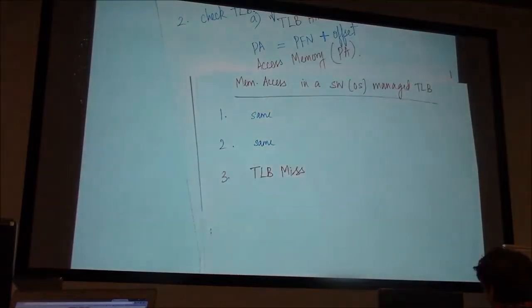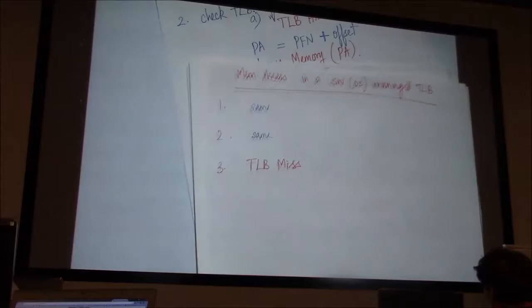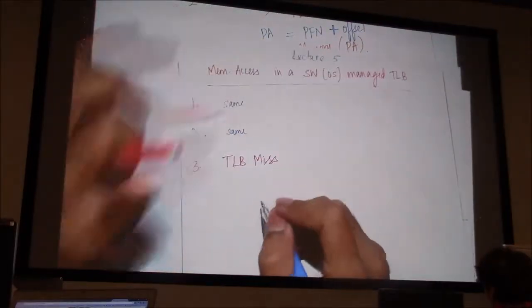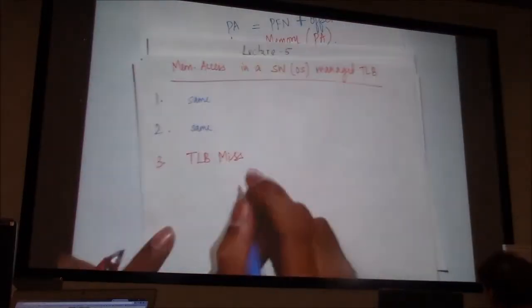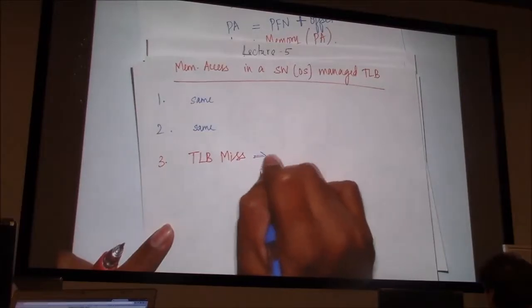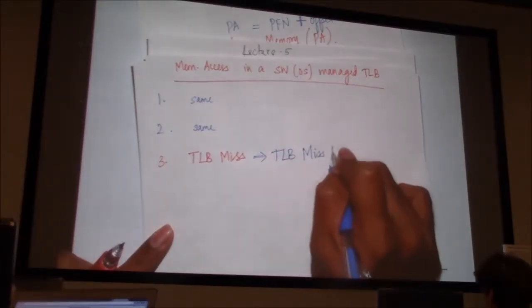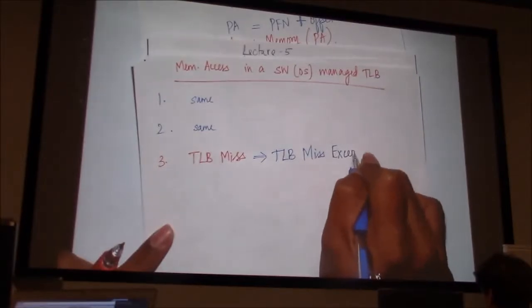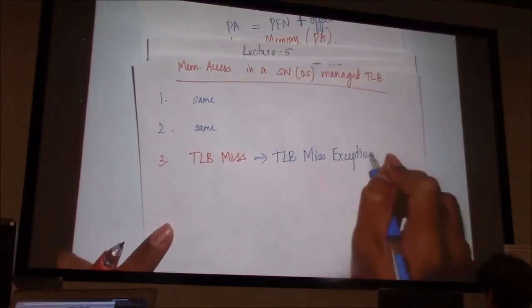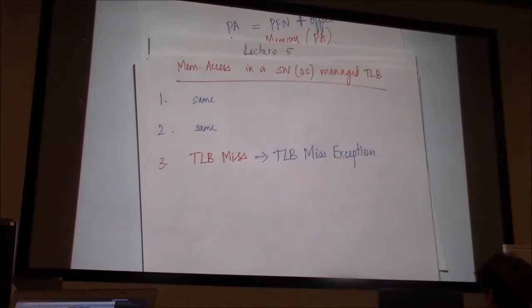If it's a TLB miss, the hardware immediately raises something called a TLB miss exception, which is nothing but a trap.